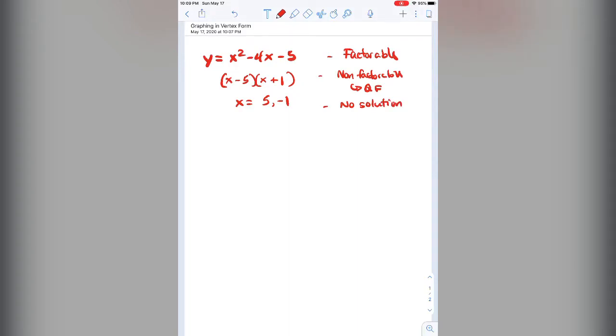So I'm going to quickly talk about what all this means before we get into what we're doing today, just so you understand. First of all, you have three options. One of them is to have an option just like this, where when you factor it, you get two answers. It doesn't matter whether they're rational solutions or irrational solutions, you have two answers. When you get two answers, what that means is that you have two x-intercepts, because that's what those are.